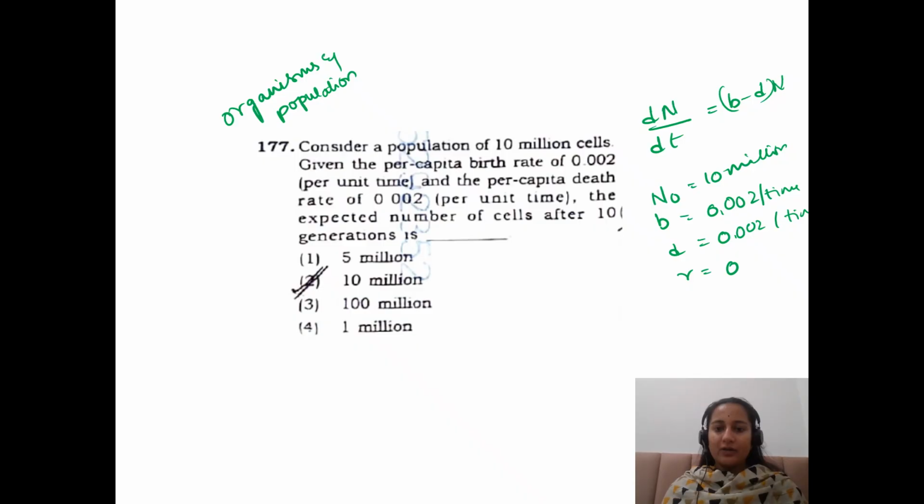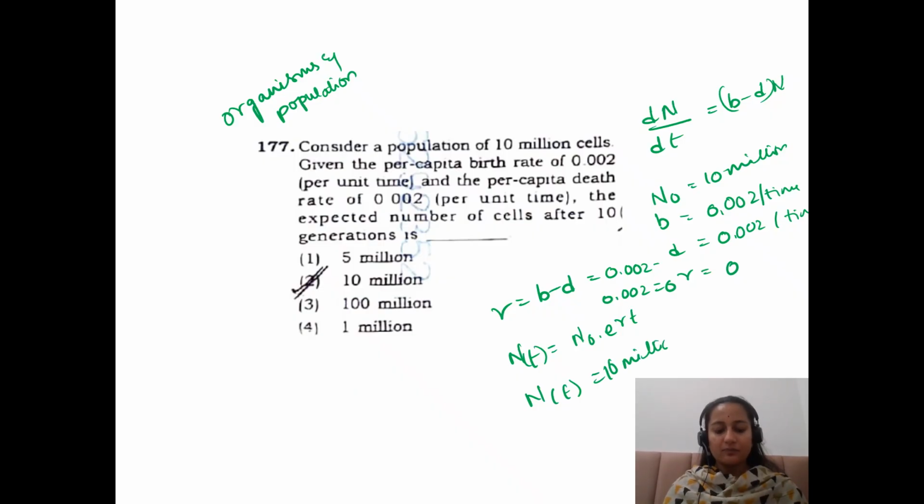So when we apply all these values in the formula, r is equal to b minus d, that is 0.002 minus 0.002, we get 0. And Nt is equal to N naught into e power rt. So Nt will be 10 million, e power r, which is 0, into time. So Nt is equal to 10 million into 1, answer will be 10 million.